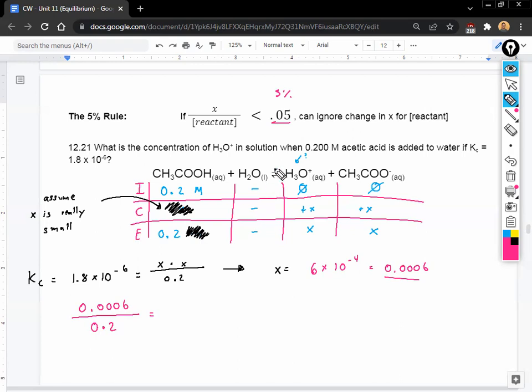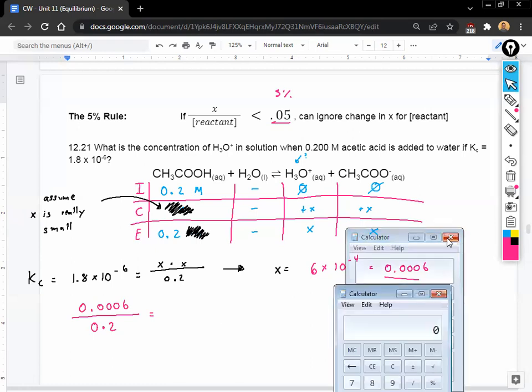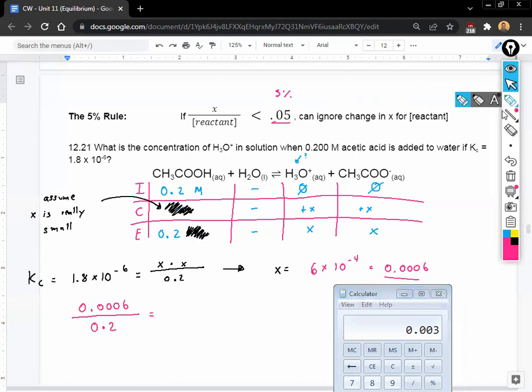So if you plug that into your calculator, let's see if it was okay to ignore x. We're gonna do 0.0006 divided by 0.2, and I already kind of gave you that. I told you it's gonna pass the 5% rule, and it's 0.003.